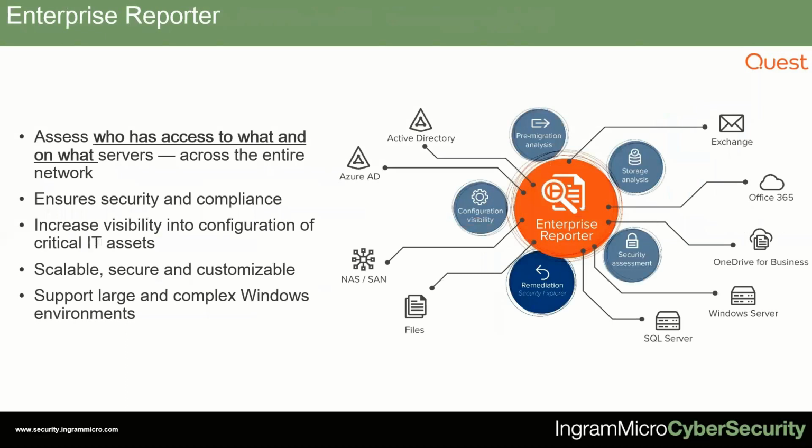This reporter will help you to discover and assess who has access to what servers, whether the data is being accessed by the user account or the service account. This kind of information is given by Enterprise Reporter. I'll be running through a demo as well, so you can see how it looks, and what different attributes or features it provides.